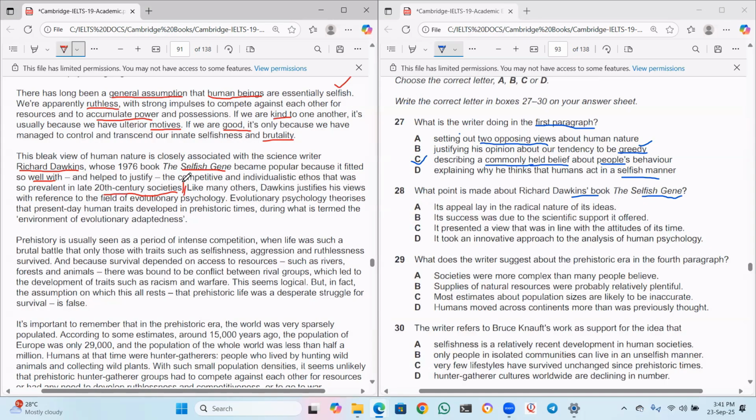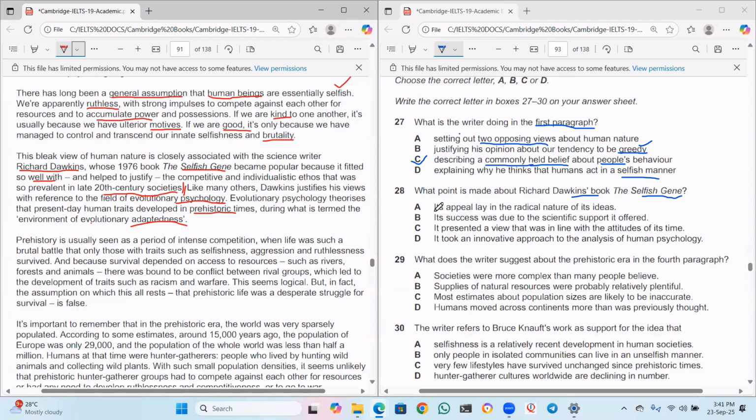Right. Like many others, Dawkins justifies his views with reference to the field of evolutionary psychology. So, evolutionary psychology theorizes that present day human traits developed in prehistoric times during what is termed the environment of evolutionary adaptedness. Okay. Right. Now, what is the point that he made about the book?